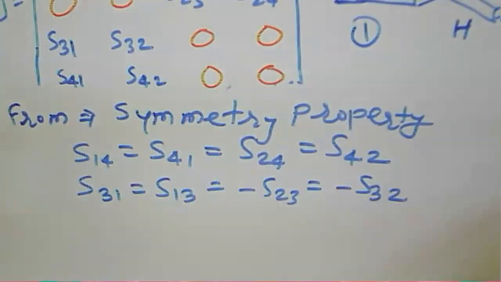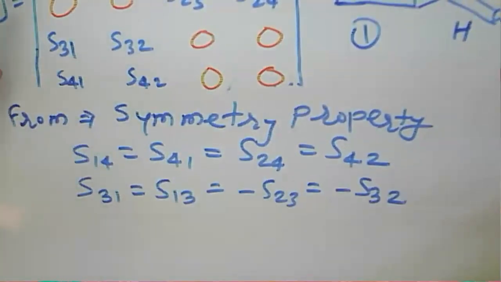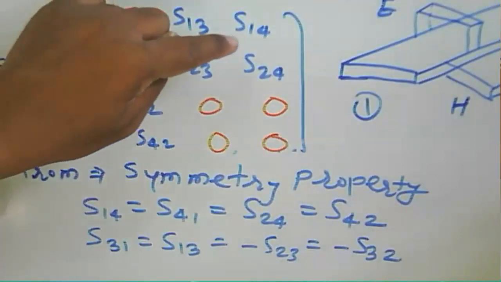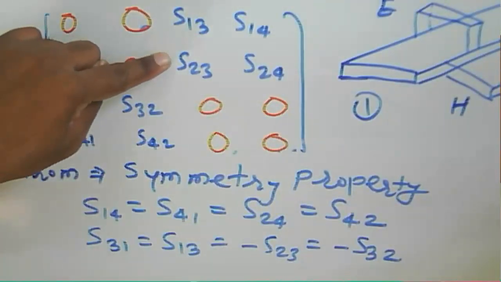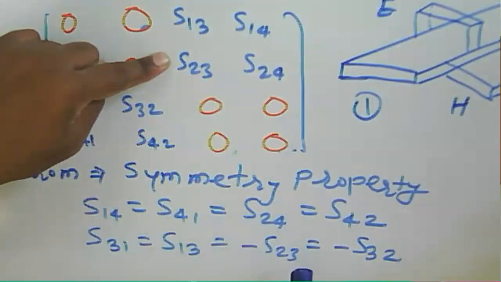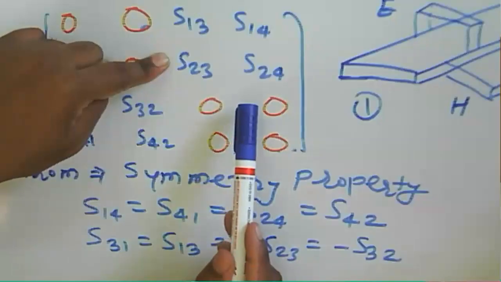Now we will see how we will get the terms. If we rewrite the matrix again with S13, S14, we can write S23 will be minus S13, and S24 can be S14.